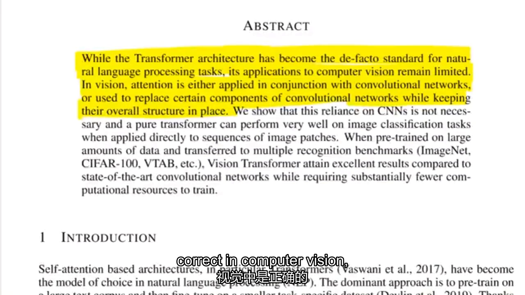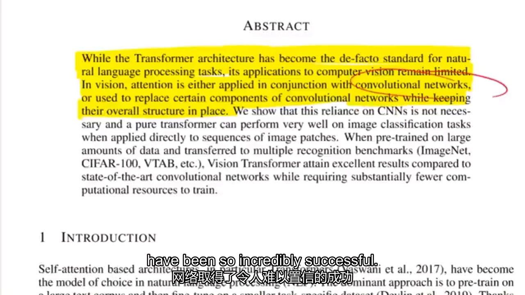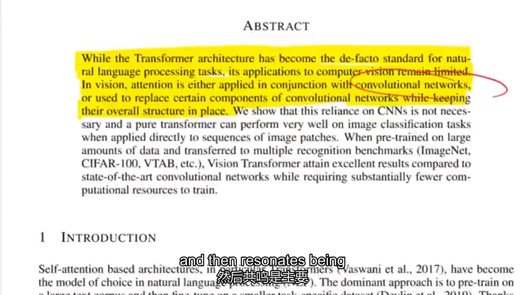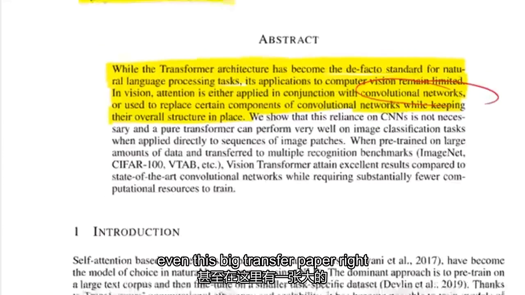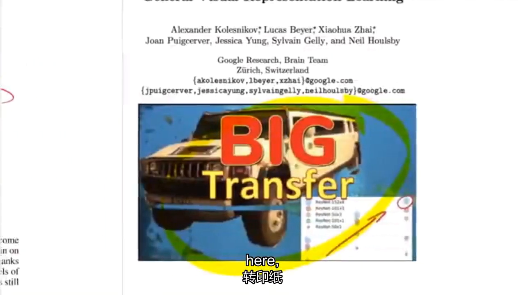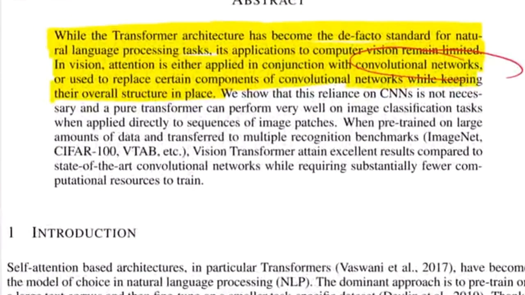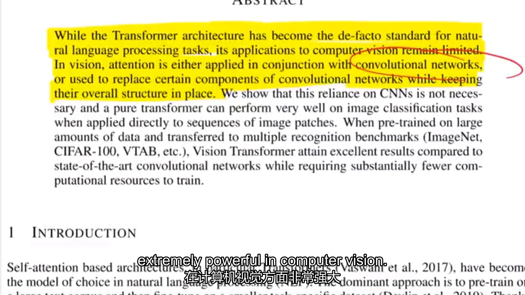In computer vision, convolutional networks have been so incredibly successful since AlexNet, and then of course ResNets being the major contributor there. I mean, even this Big Transfer paper right here, all it does is scale up ResNets and then feed in more data. So CNNs are extremely, extremely powerful in computer vision.